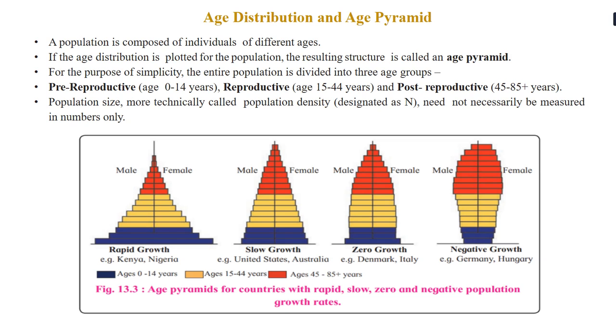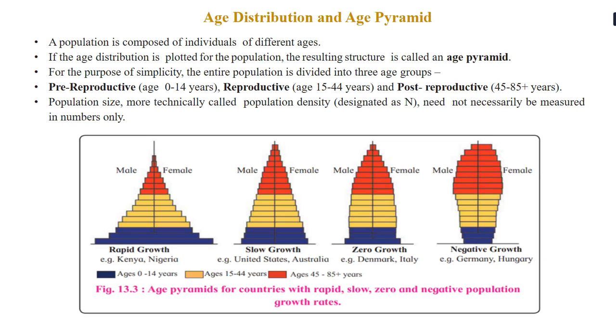Then comes the second age group, the reproductive age group, where the individual is capable of reproducing. That is the age group between 15 to 44. And then is the post-reproductive age group, that is 45 to 85 plus years. So for the purpose of simplicity, this is how the entire population is divided.